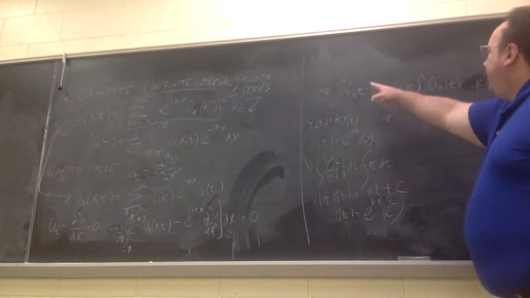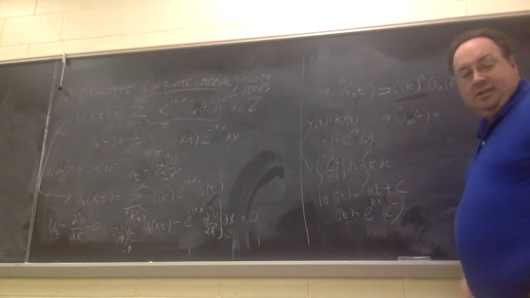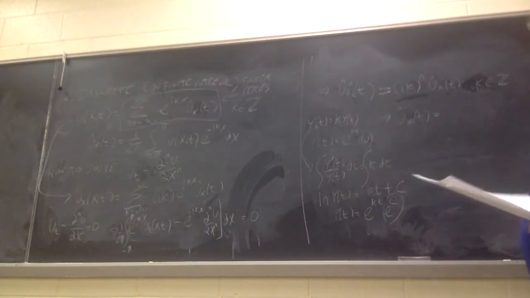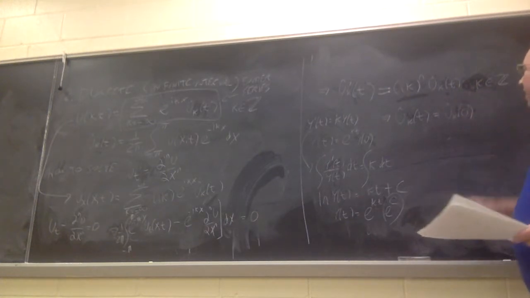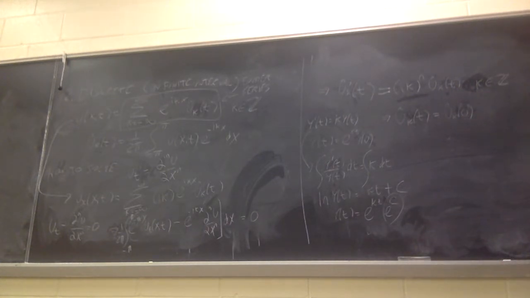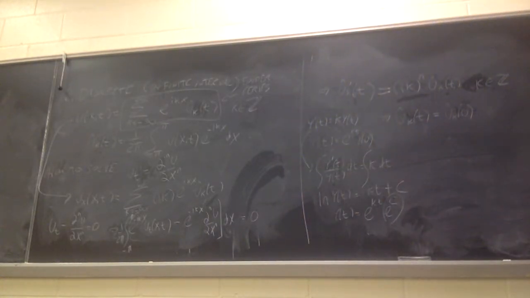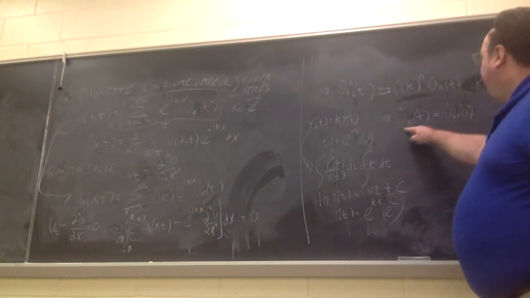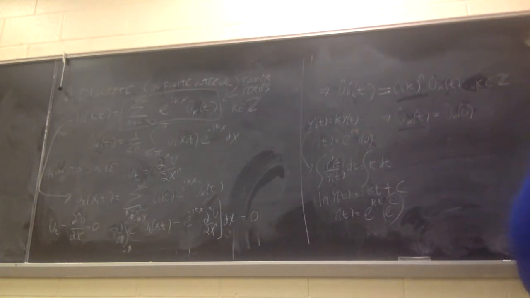Now I want to apply the same thing to solve this. So u hat k of t is equal to, well, the initial value times what? How are we going from y prime of t to u hat k prime of t? So what plays the role of k in here? ik to the n.